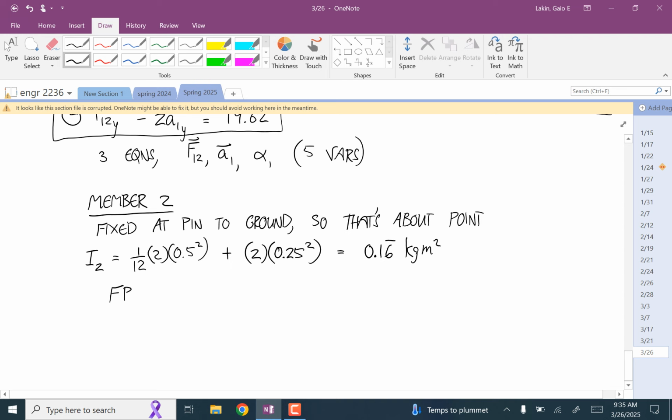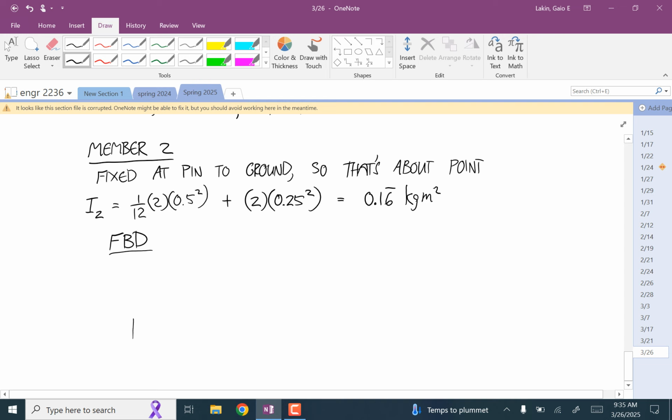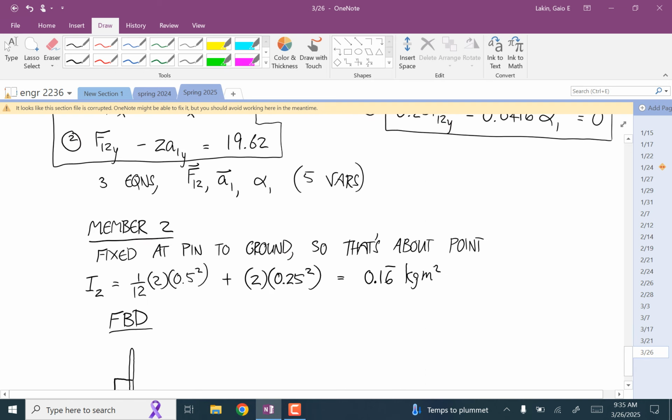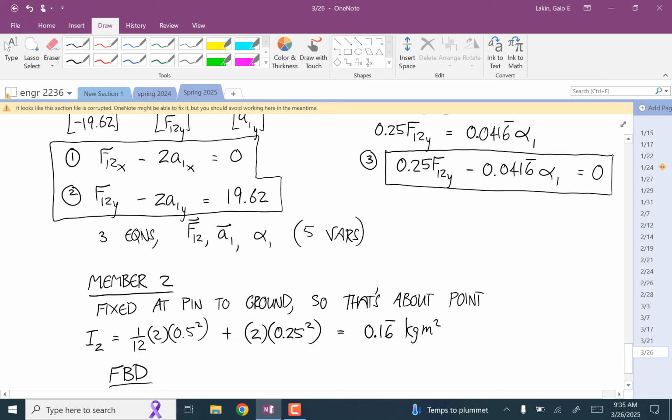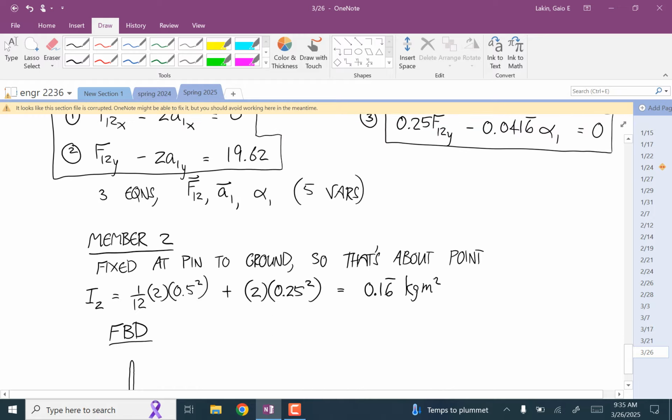And now free body diagram. We have the weight force. I'll do it like this just to clean up the picture a little bit. So that's 2 times 9.81, 19.62. And then we have the horizontal force of 20 newtons.